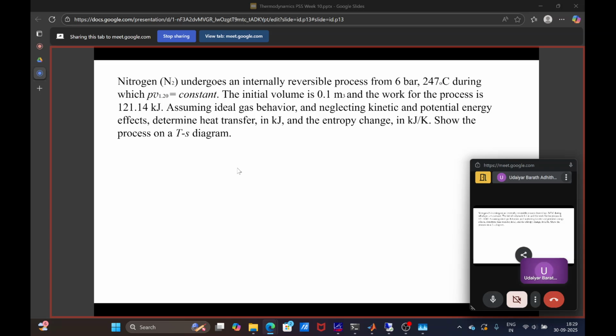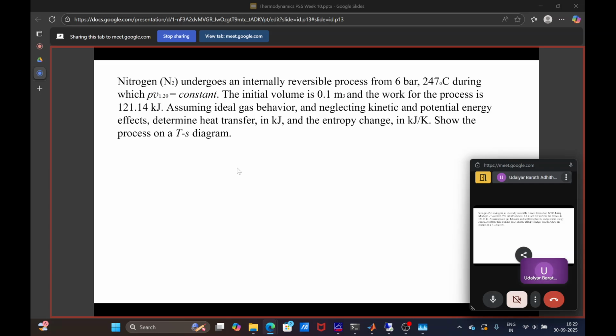The initial volume is 0.1 meter cube and the work for the process is 121.14 kilojoules. Assuming ideal gas behavior and neglecting kinetic and potential energy effects, determine heat transfer in kilojoule and the entropy change in kilojoule per Kelvin. Show the process on a TS diagram.